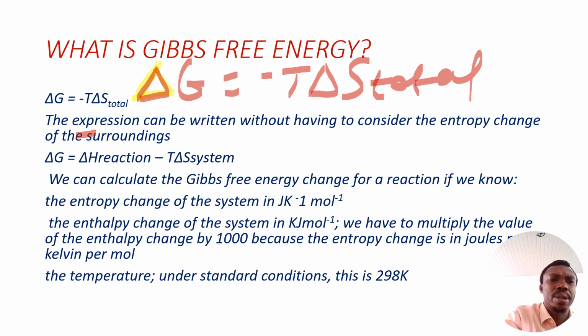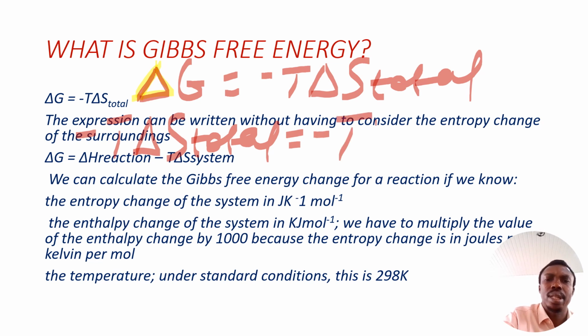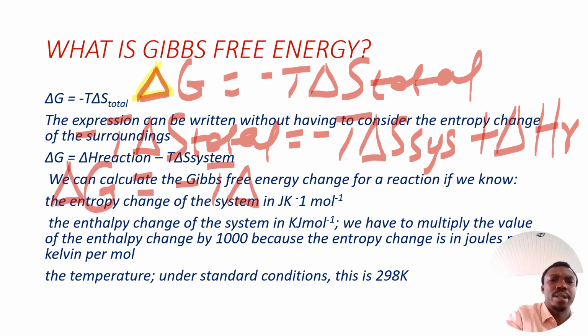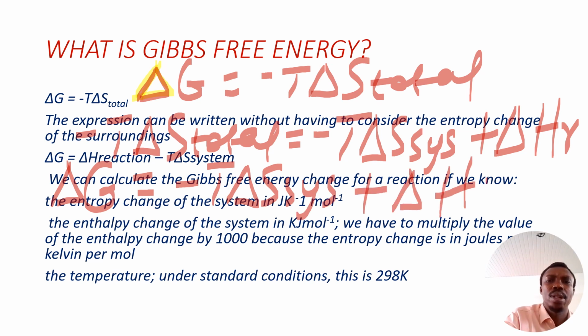And minus T delta S total is equal to minus T delta S system plus the enthalpy change of the reaction. So that means delta G now will be equal to minus T delta S system plus the enthalpy change of the reaction.